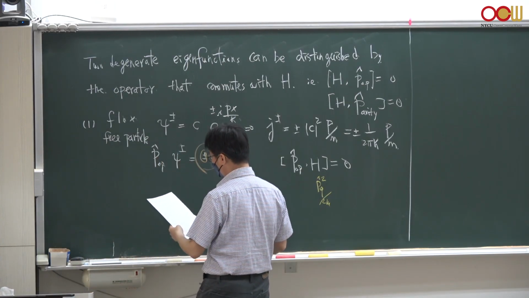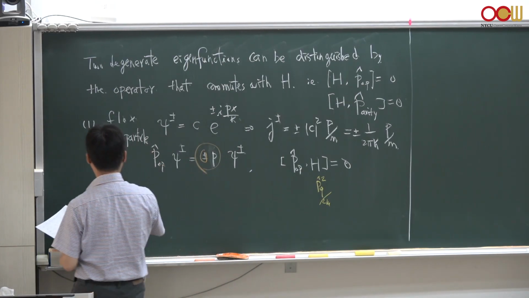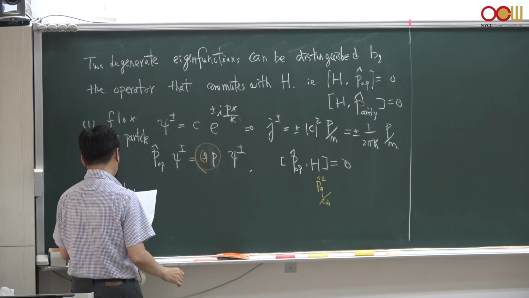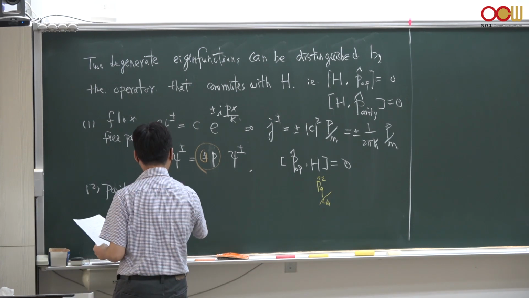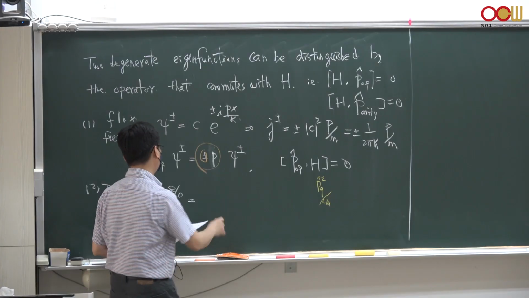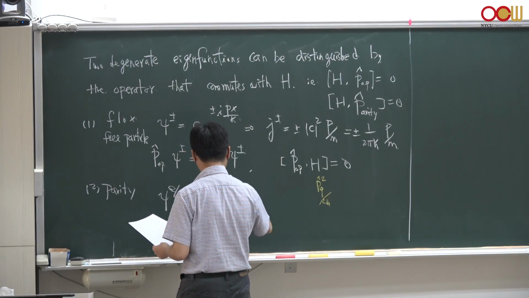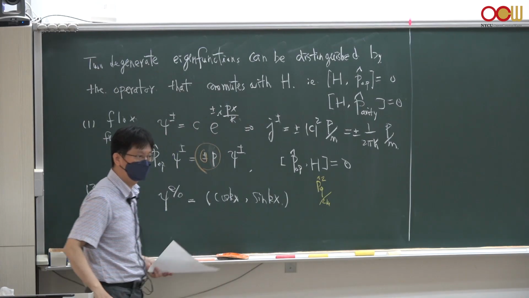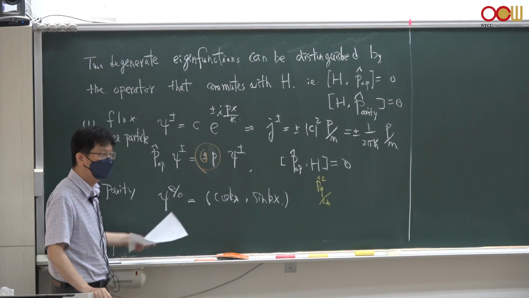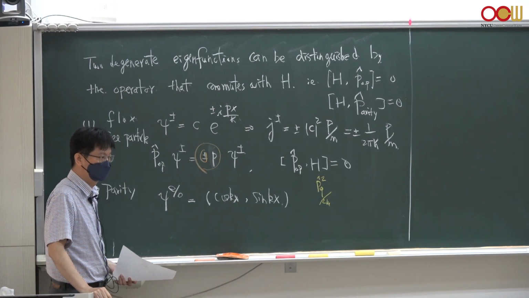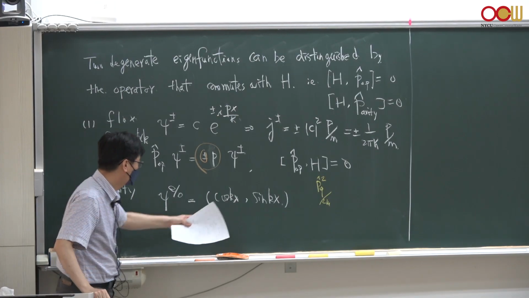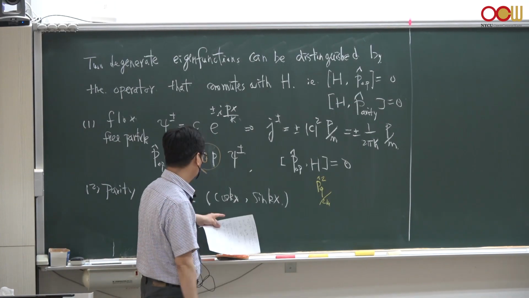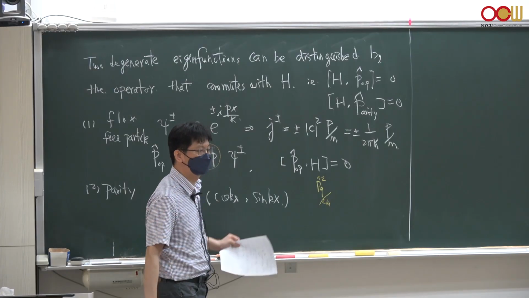And the second example is precisely the parity. So suppose the eigenstates are characterized by the even and odd eigenfunction, like this cosine and sine. And again, they are degenerate, for example. And how do we distinguish these two? Well, of course, we could distinguish by their parity, right?